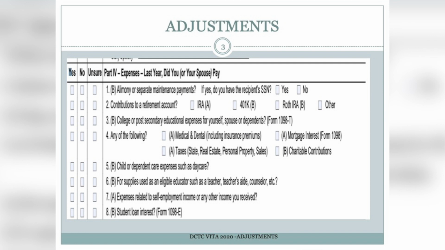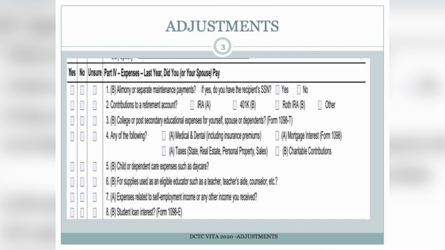Allow me to take you back to Form 13614-C, page 2, Part 4. If the taxpayer has checked yes to line items 1, 2, 3, 4B, 6, 7, or 8, it gives you a hint that the taxpayer might have some eligible adjustments to their tax return.